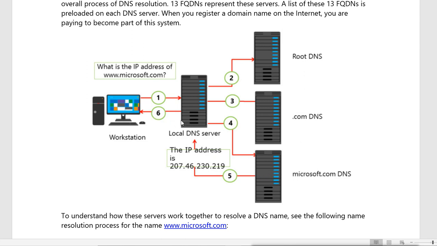So the local DNS server now replies and gives the answer to our machine with this IP address. Now our machine will directly connect to this IP address to get the web page of microsoft.com. So this is how it works in the internet environment.